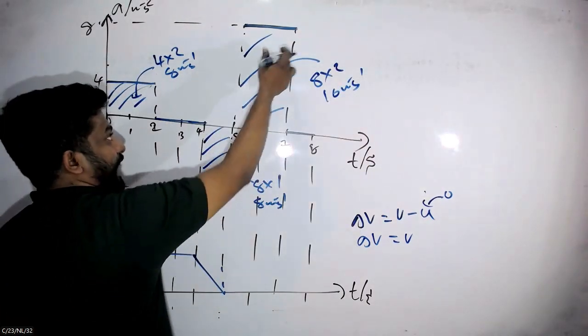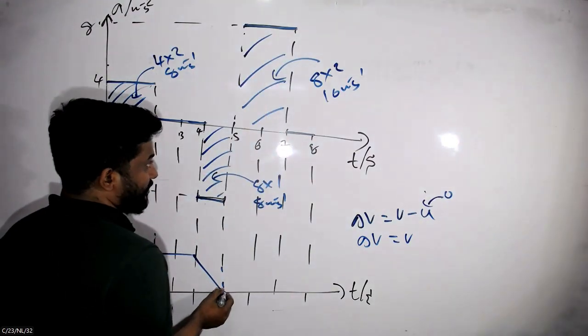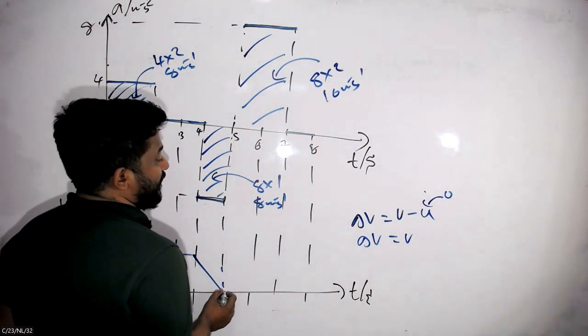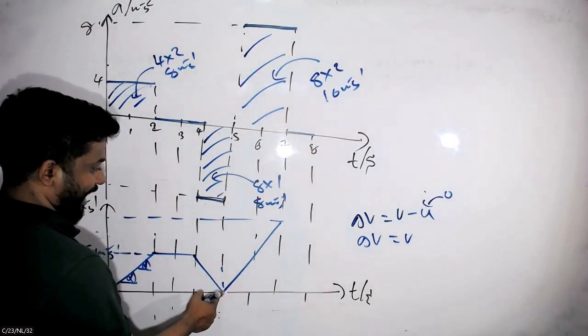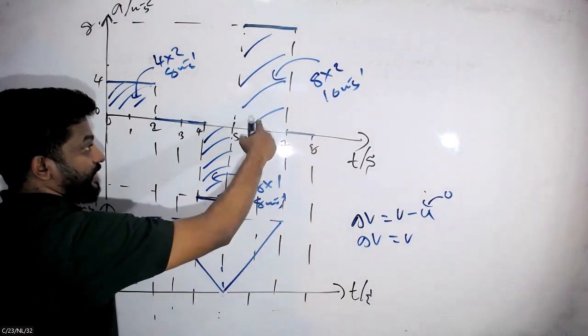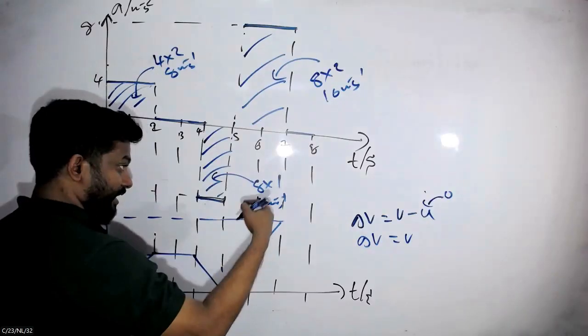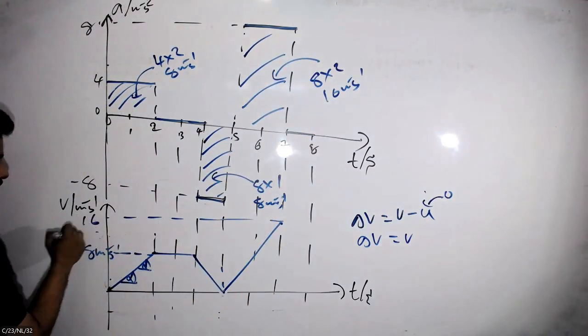Here, at the starting point of this time interval at t equals 5, velocity is 0. Then it accelerates uniformly from 0 to 16 meters per second. Velocity increases by 16 meters per second.